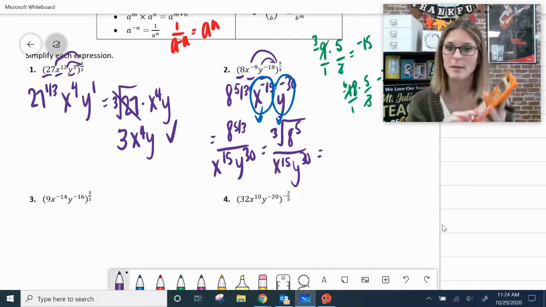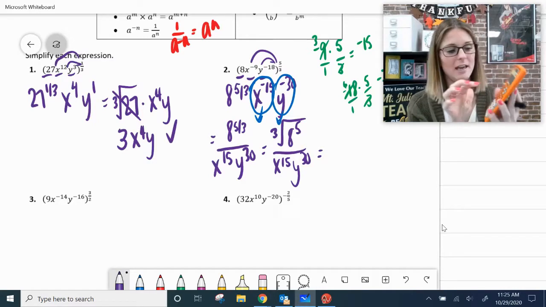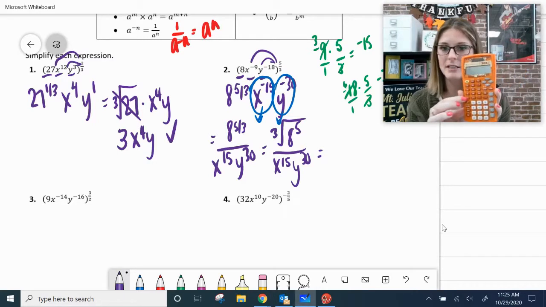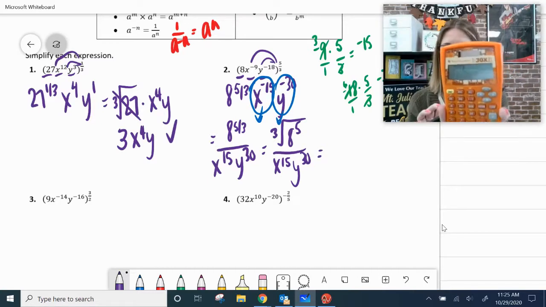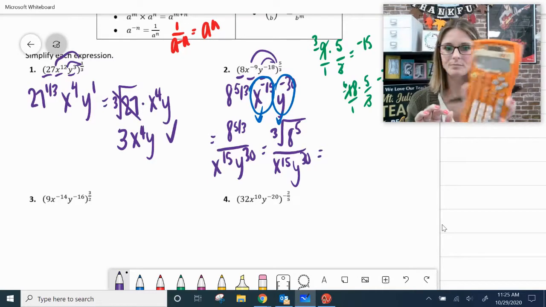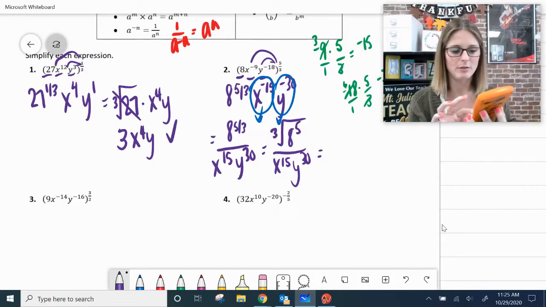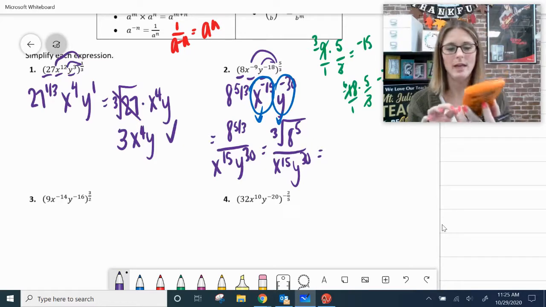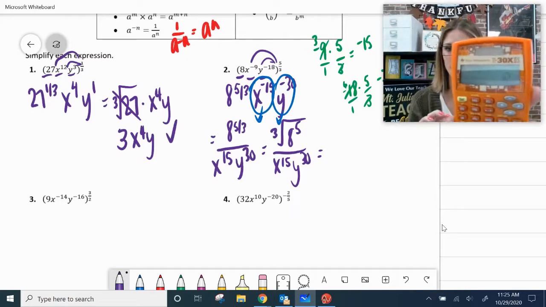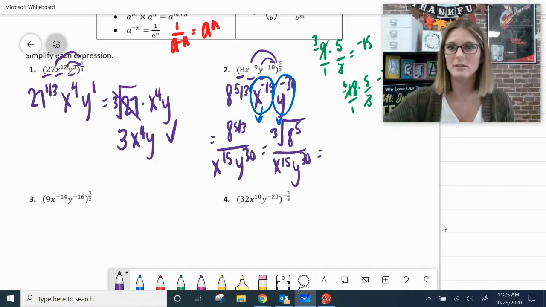We have a cube root here, so I'm going to type 3. Then I'm going to do second, and then the caret, because above the caret you have an x root. And then 8 to the 5th, just like this, and enter, and it's 32. So the cube root of 8 to the 5th is 32.